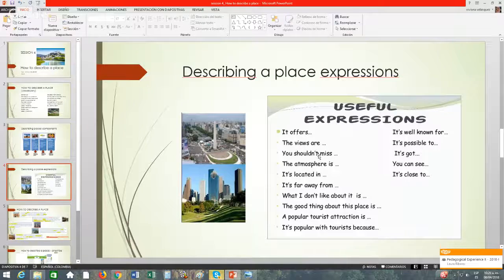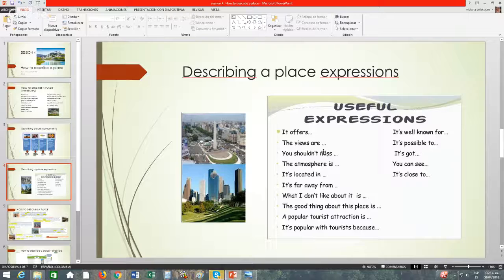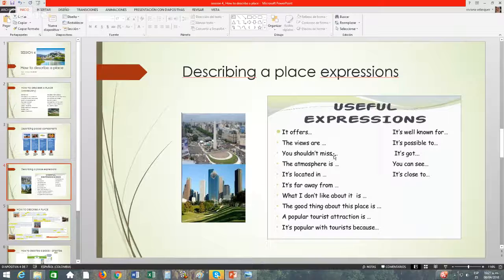Yo debería, es deber. Deber, okay, but in that case you say no deberías. No deberías, sí. Perder. No deberías perderte, right? So you're inviting the person to visit a specific place. You shouldn't miss the Candelaria's square, for example. So you have a specific advice for the person.